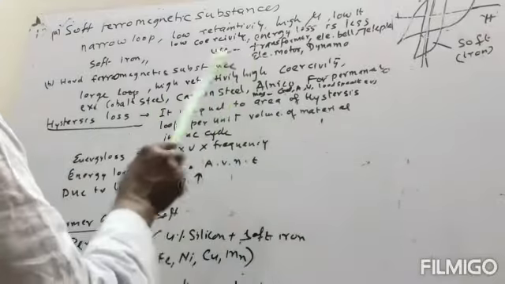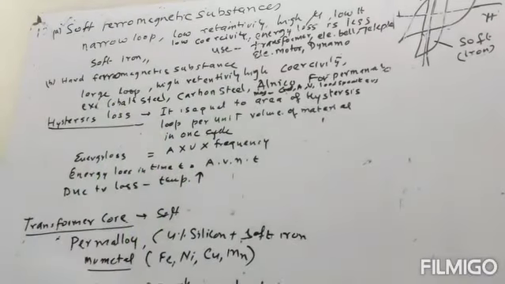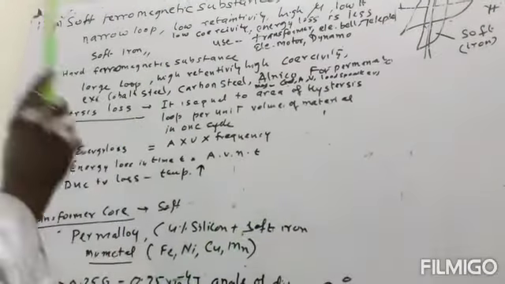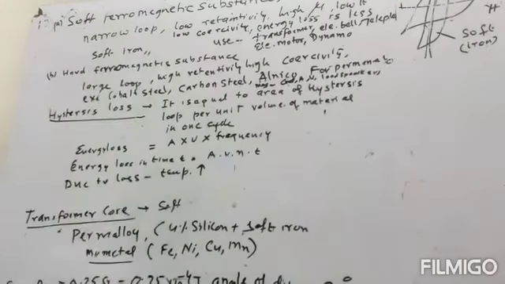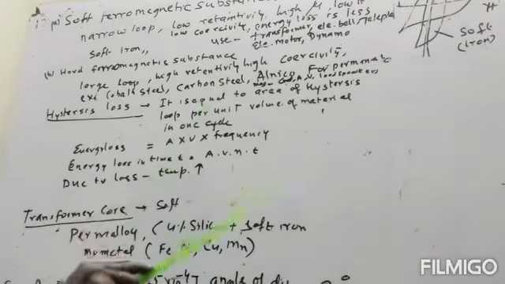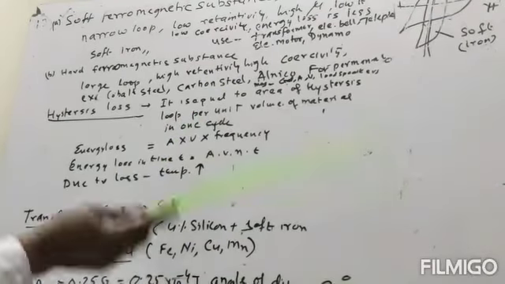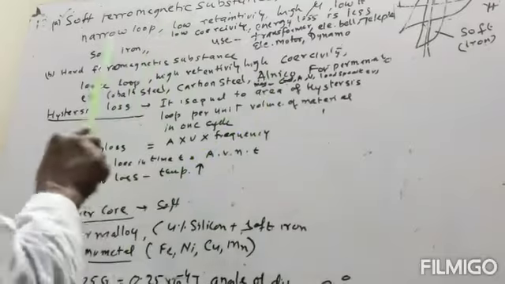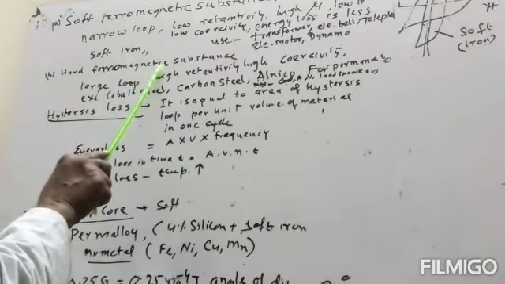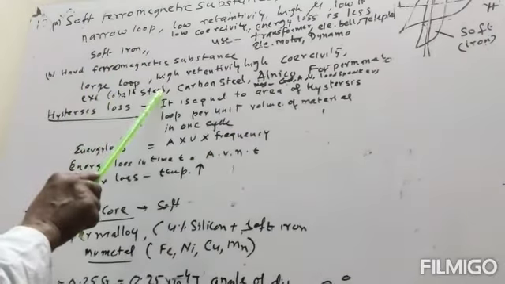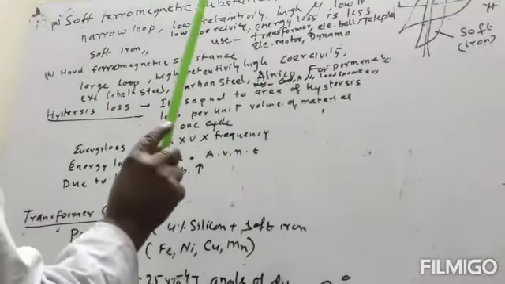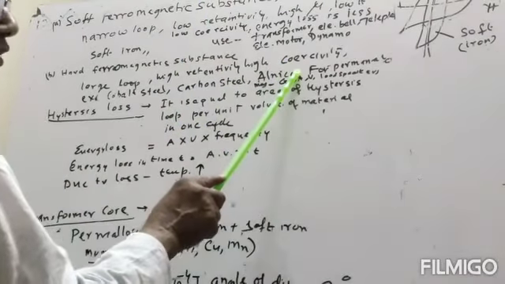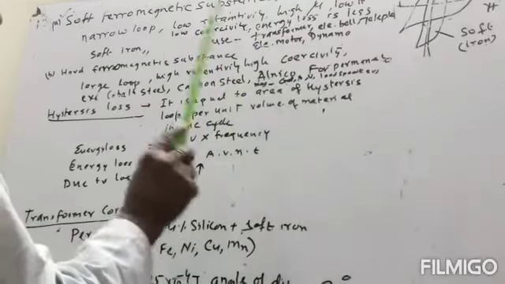So these hard ferromagnetic substances are used for permanent magnets, whereas soft ferromagnetic substances are used for temporary magnets, which means they can easily be demagnetized and easily magnetized. But for hard ferromagnetic substances, whether cobalt steel, carbon steel or alnico, the magnetism produced will be a permanent magnet.